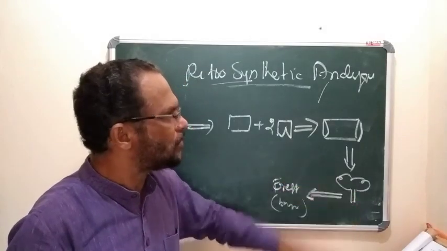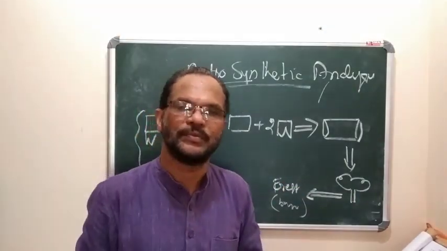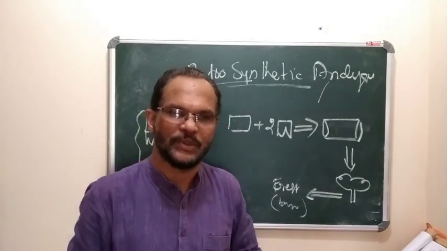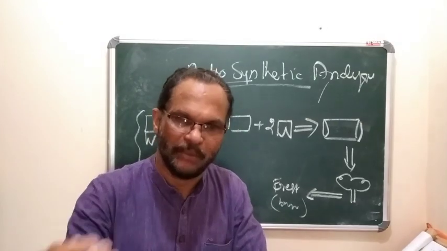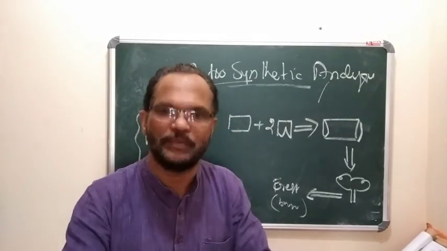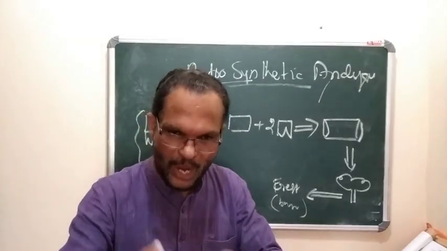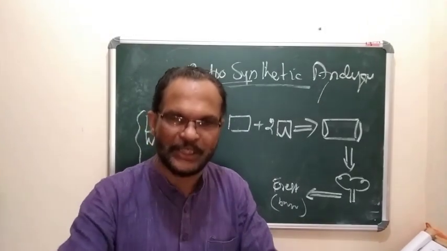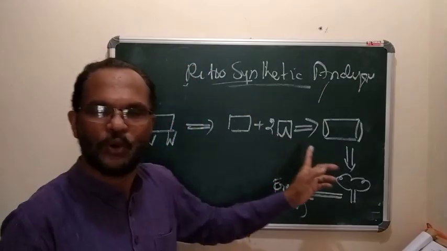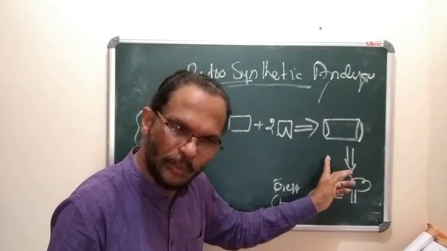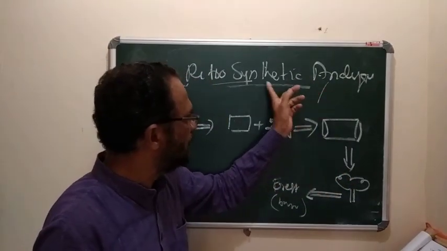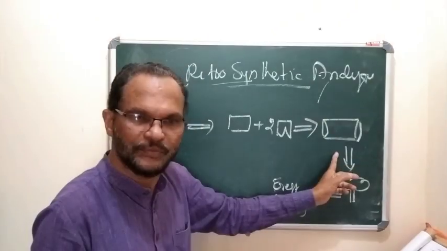So, retrosynthetic analysis is an imaginary operation, usually carried out on a molecule in question. The aim of this retrosynthetic analysis is to identify the correct starting material and all the processes we have adopted during the analysis part.